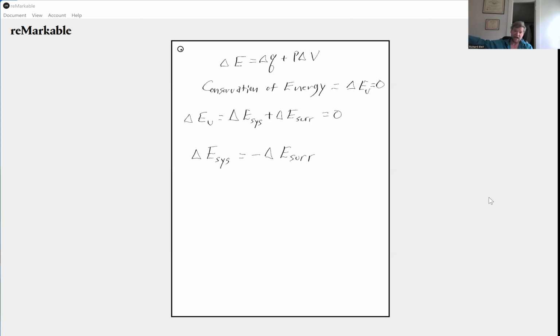The energy from the house is coming from the power plant. The energy from the power plant is coming from the fossil fuels. The energy of the fossil fuels comes from the surroundings, from the coal, from gas, from all of that. So that is the law of conservation of energy.